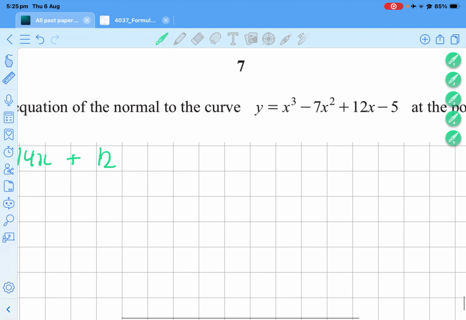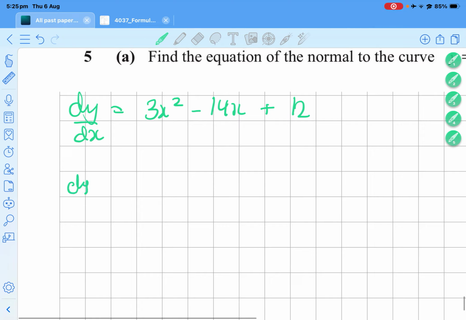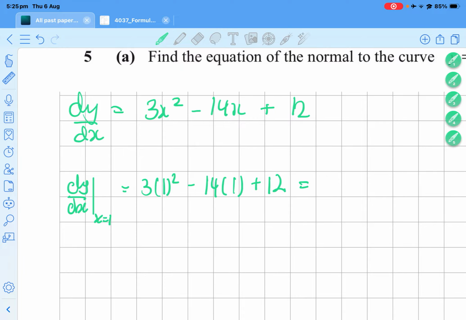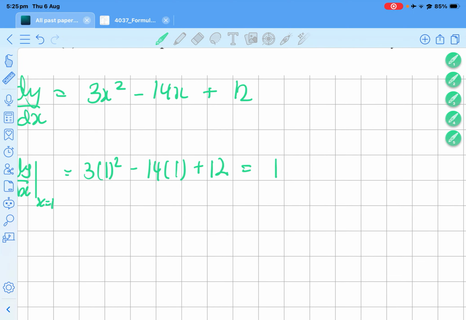In this case, minus 5 is a constant, so that differentiates to 0. So this 3 plus 12 is 15, 15 minus 1 is 16, minus 14 is 1.